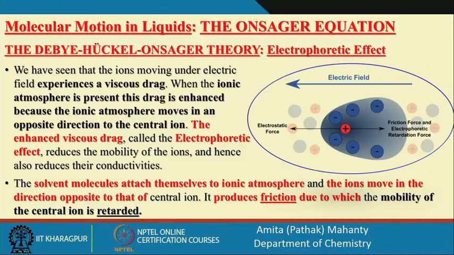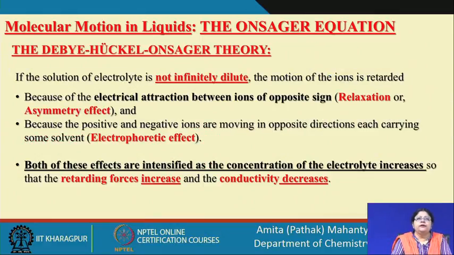So, what we have here? We have two effects, the asymmetry effect and the electrophoretic effect, which are interplaying together. We do not know to what extent the electrophoretic effect is relevant and to what extent the asymmetry effect is effective, but both of them play together for the ions to be retarded in motion.